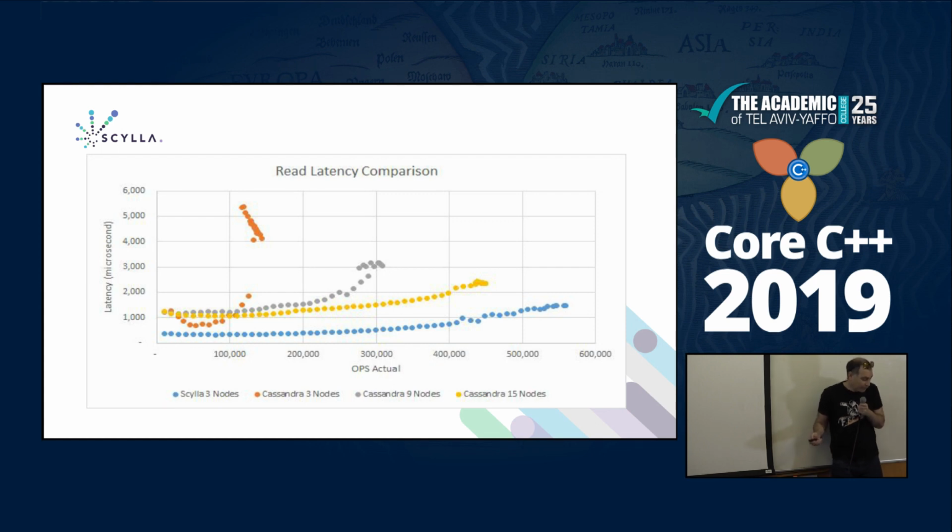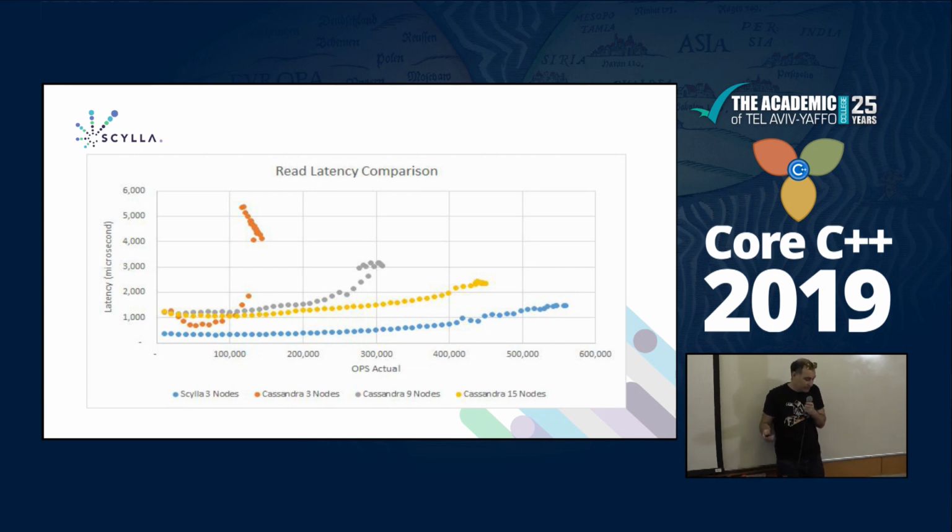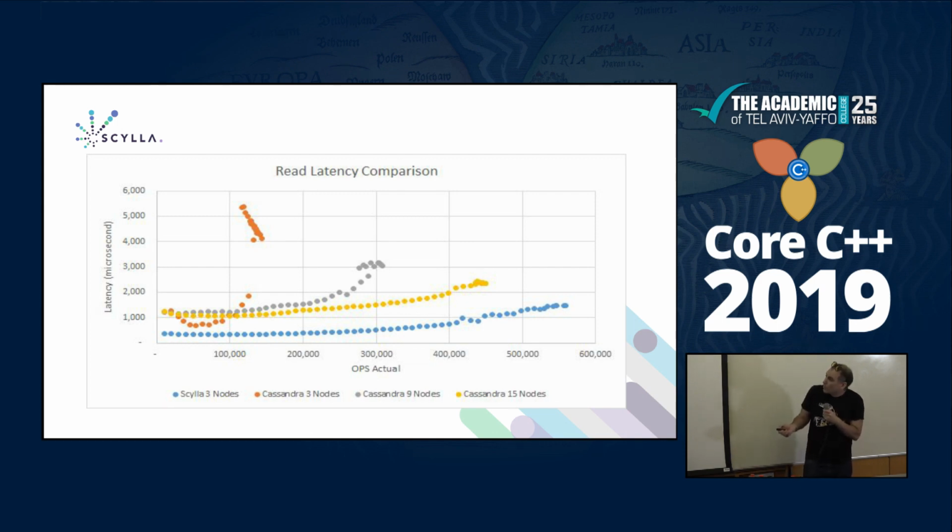This is a comparison of a database implemented on top of Seastar, which is the product that my company is working on, compared to a database that uses the same APIs, that does not use Seastar and does not use the techniques that are used by Seastar. The comparison is versus Cassandra. And you can see that we're comparing here different numbers of nodes. On the left, we have 3 Cassandra nodes in red. The number of operations per second is around 100,000, 120,000, and the latency is quite high.